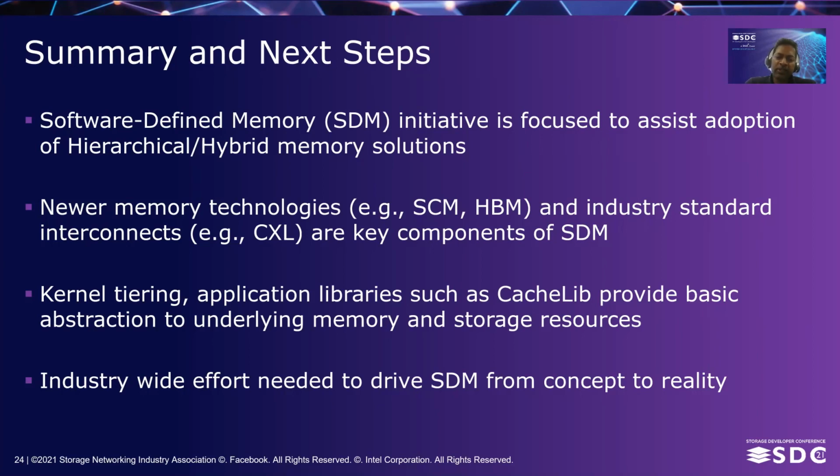There are also lots of different types of media that are evolving, including storage class memory and high bandwidth memory. If you take a combination of open industry standard interconnect and the different types of media, you will end up having different performance, latency, and bandwidth characteristics that you can attach to the platform. Plus the memory and resource pooling on top of that.